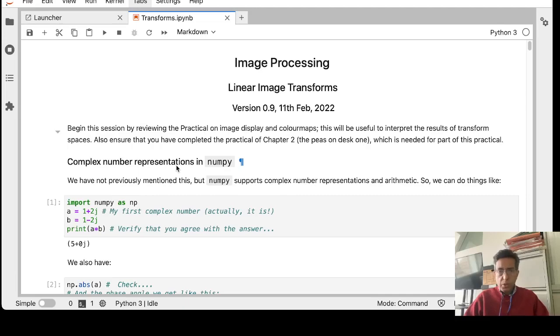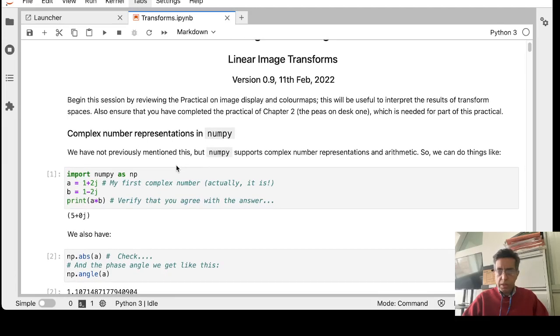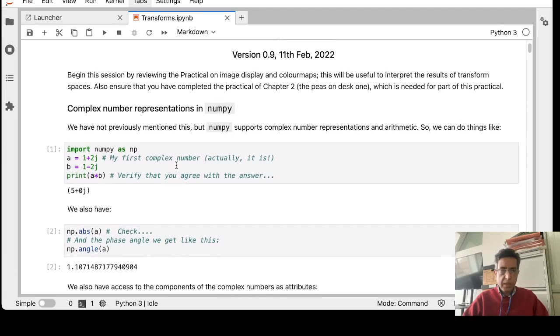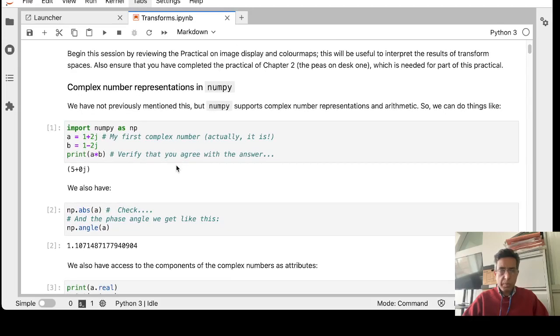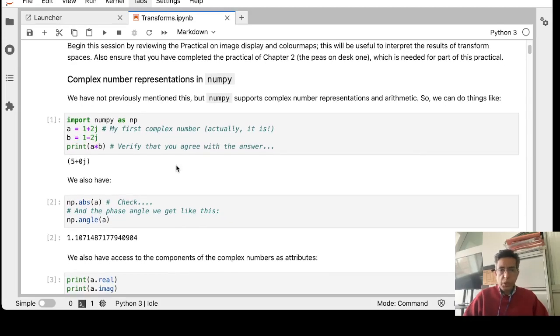Okay, so to do this, the first thing that we're going to look at is complex numbers in NumPy. NumPy, the very important Python library for numeric computation, allows us to represent complex numbers in a fairly natural syntax. So we can create complex valued variables.